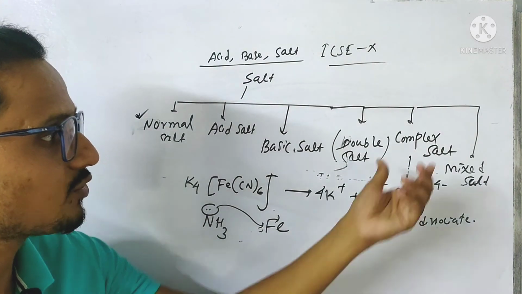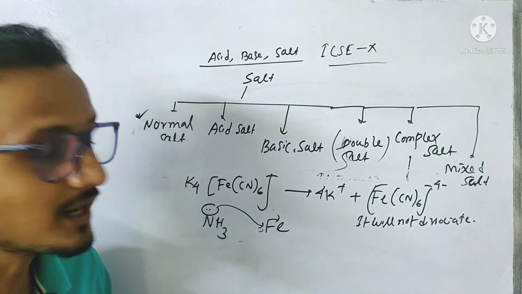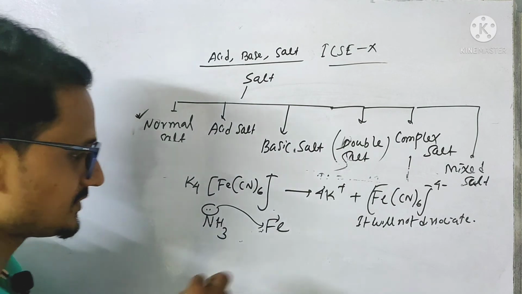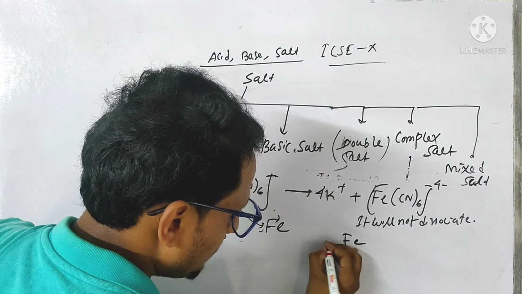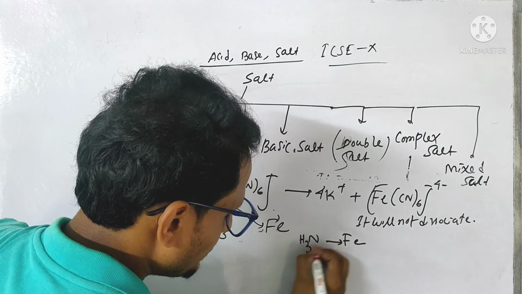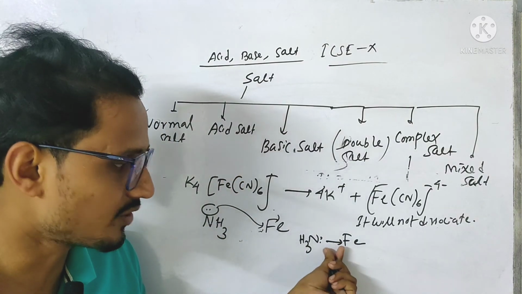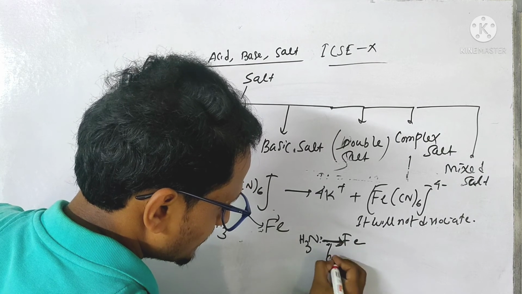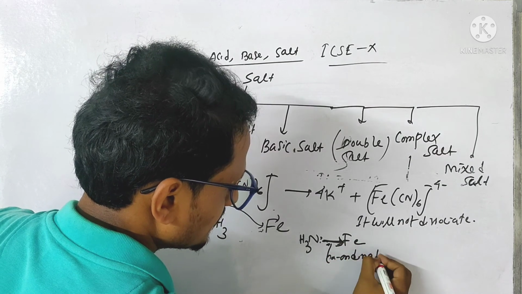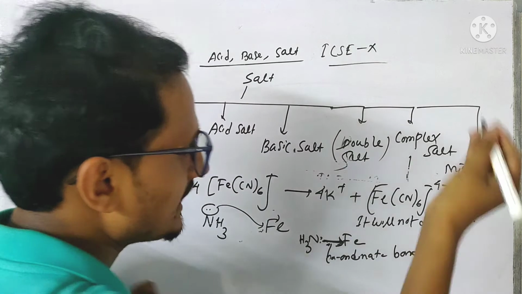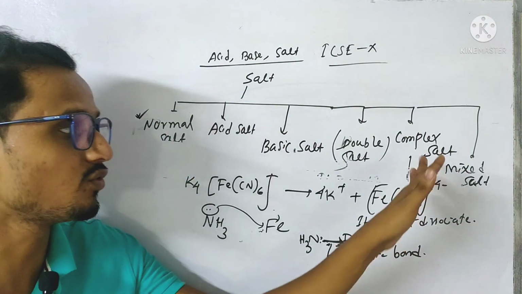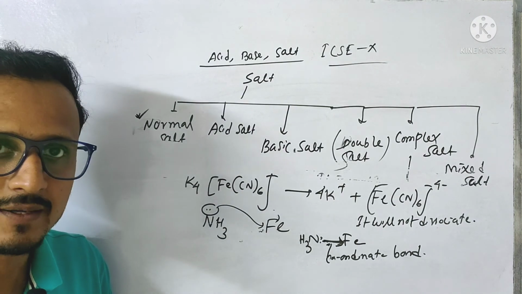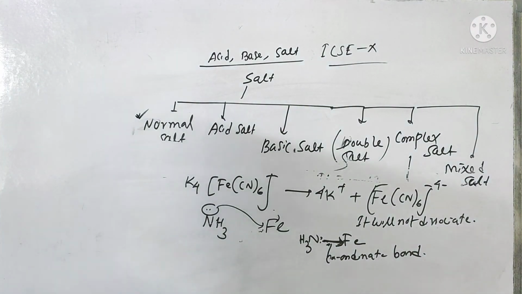So there will be a coordinate bond in a complex salt, but no coordinate bond in a double salt. Fe will bind with ammonia by the lone pair of electrons through a new bond, the coordinate bond, which can be shown by an arrow. Later in higher classes we will learn that complex salts have coordinate bonds and are called coordination compounds. That is also very important. So just write this down.